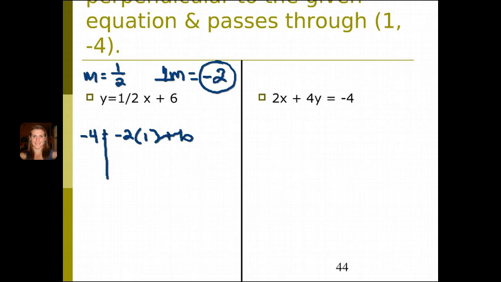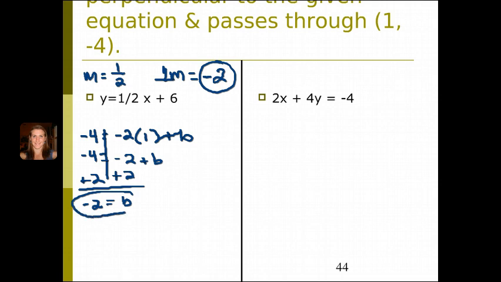So I have -4 equals -2 plus b. Going to add 2 to both sides. And you find that b is equal to -2. Okay?